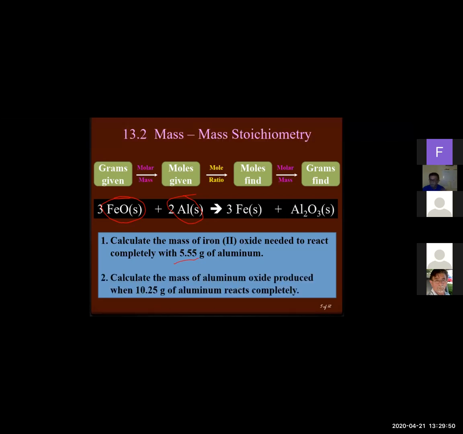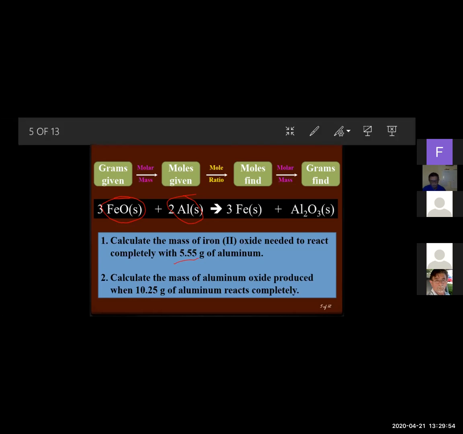The second part of the question says to calculate the mass of aluminum oxide, which is one of the products, produced when we have 10.25 grams of aluminum, which is one of the reactants.